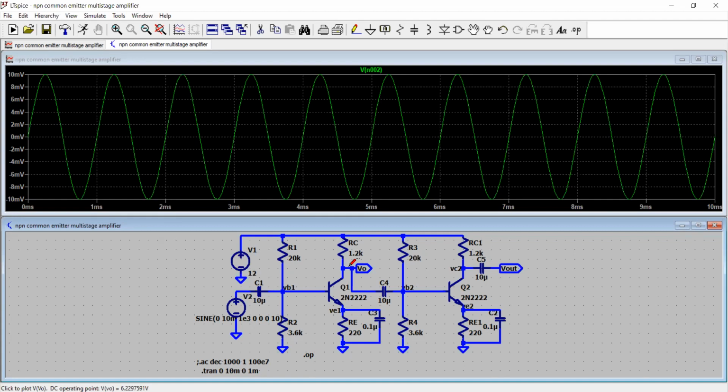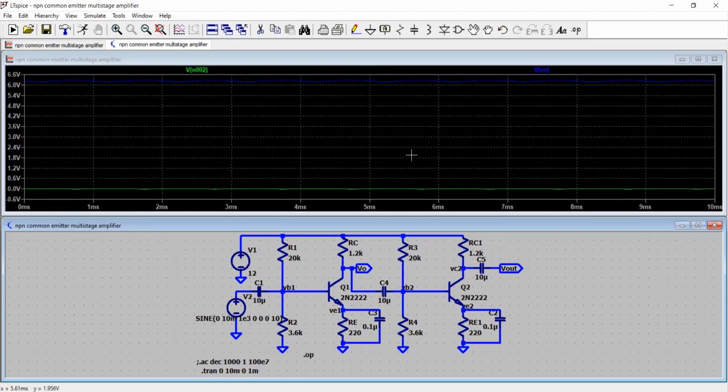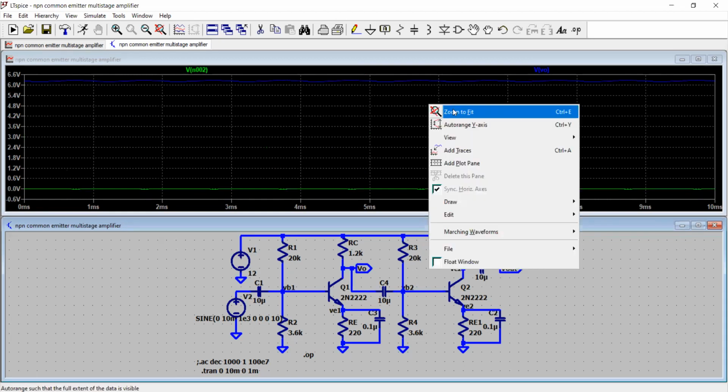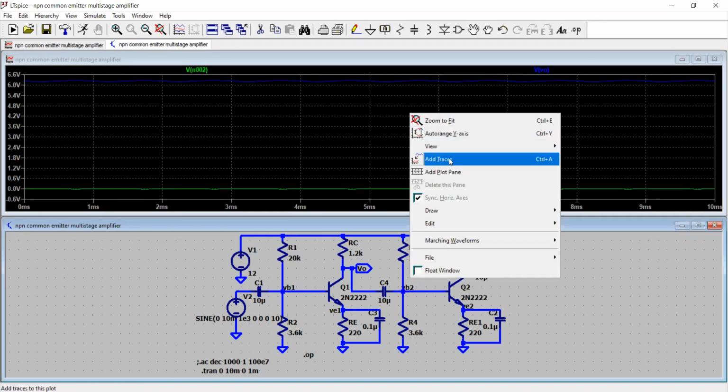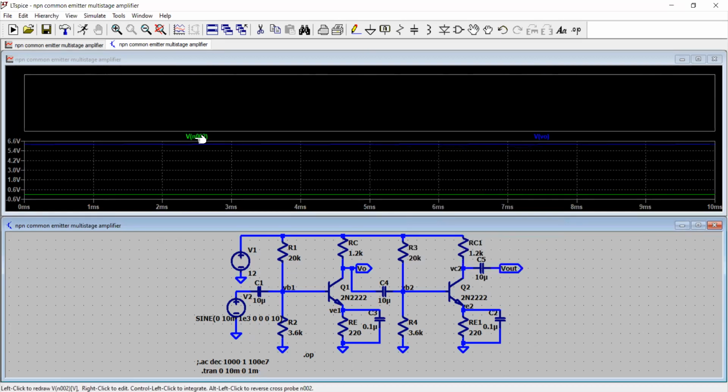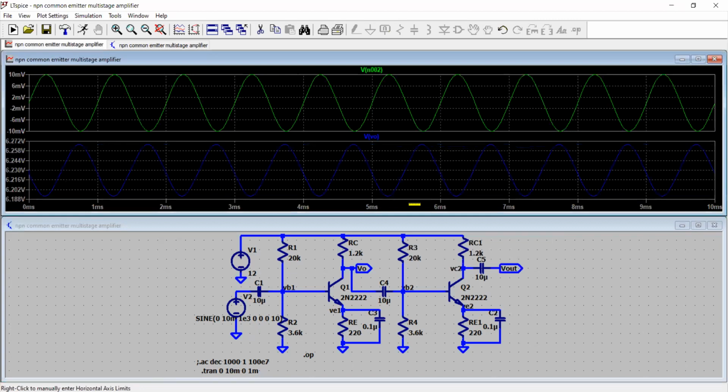I'm hovering the mouse on the schematic portion of the screen, and then there is a red probe, and I will click on this. And look at this, output is in the blue. Now I will right click on the waveform and click zoom to fit. So I am barely able to see that. So I will add a plot pane and then take the input up and the output down.